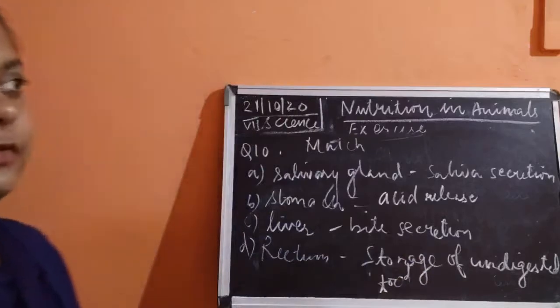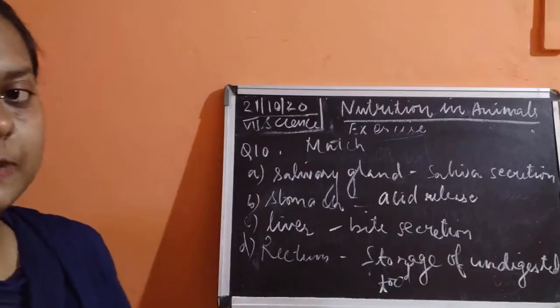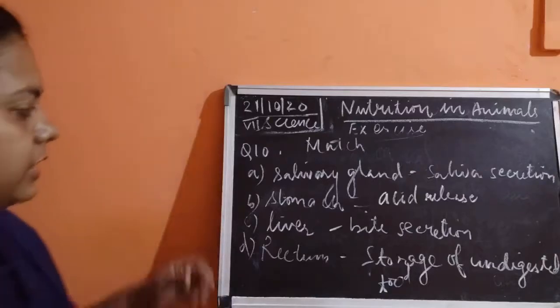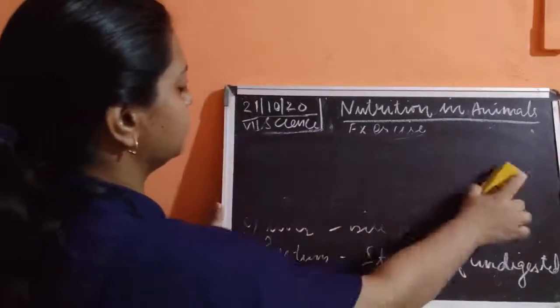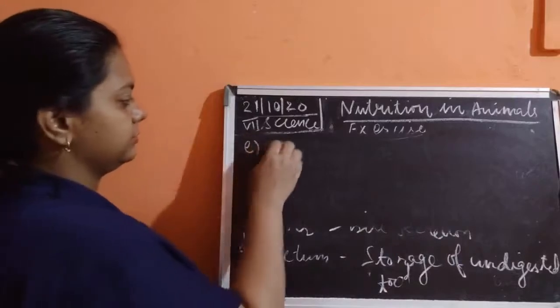Storage of undigested food is the right answer because the rectum is a place where undigested food material is stored for some time. Okay, then second last is small intestine, E. E is small intestine.